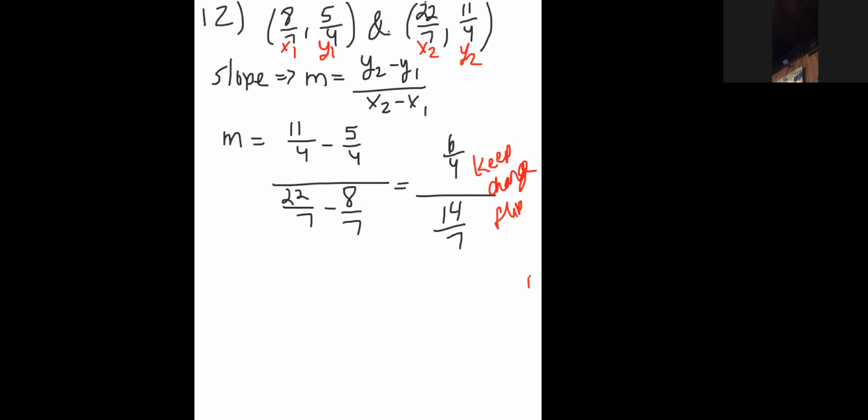So what this looks like is 6/4 times 7/14. And we can then simplify this by simplifying the 14 and the 6. By 2, that's 7. And by 2, that's 3. And then the 7 and the 7 actually will also cancel out.